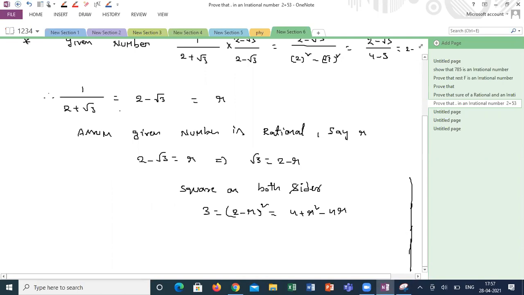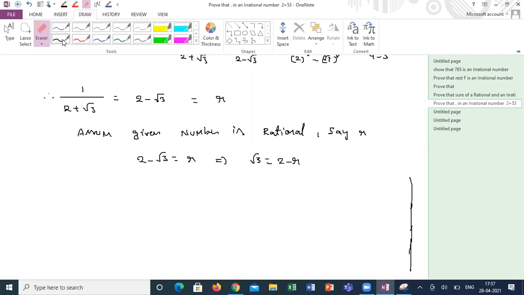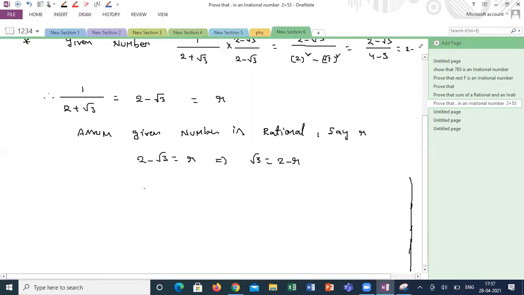Sorry guys, this step is not required. Straight away you can say here, if r is rational, 2 minus r is also rational.